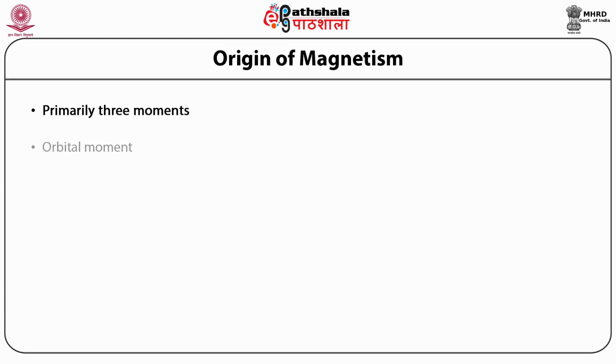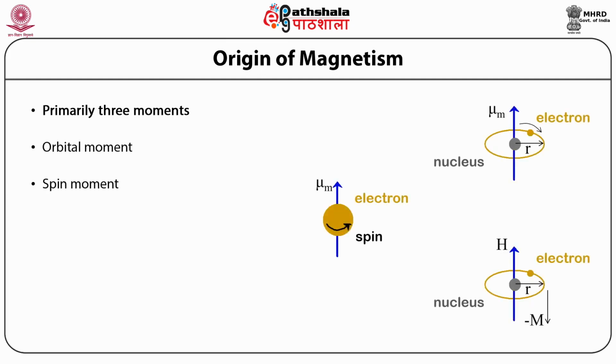First is the orbital moment, as shown in the figure, where an electron is orbiting around the nucleus at a fixed radius, having an orbital moment represented by μm.